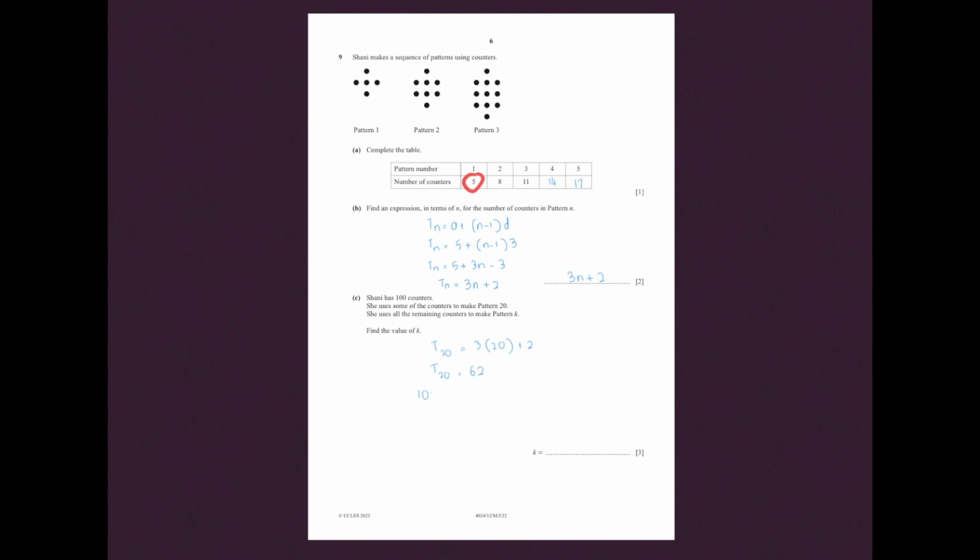Then you have to find how many patterns for k, so 100 minus 62 is what? 38. So it's going to be 3n plus 2 is equal to 38, and then you're going to solve this, and my answer will be k is equal to 12. Got this, guys?